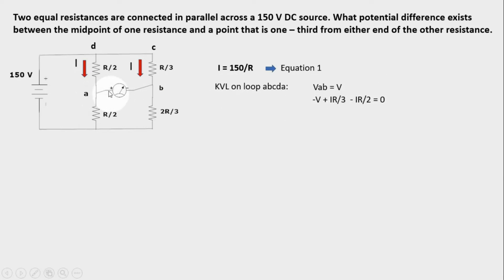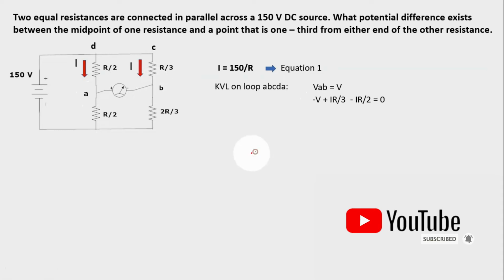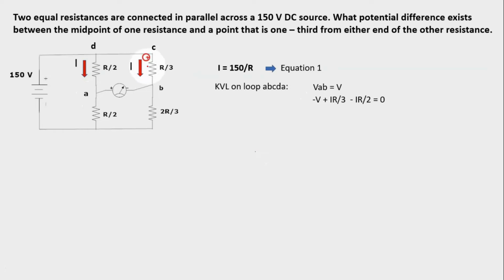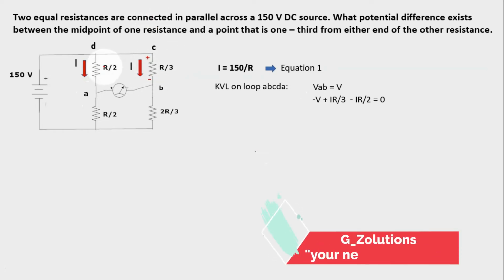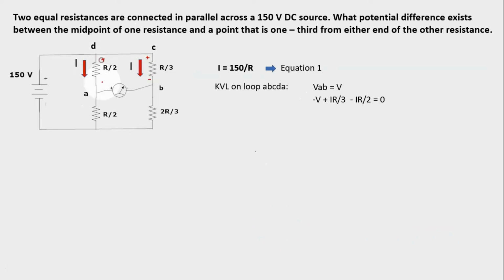Since this is a voltage drop, because this is positive and negative, I assigned it as negative V in my Kirchhoff's voltage law equation, and this is also here. Since the current is going down here, this is positive and this one is negative. Also this one is going down, so this is positive and this is negative.